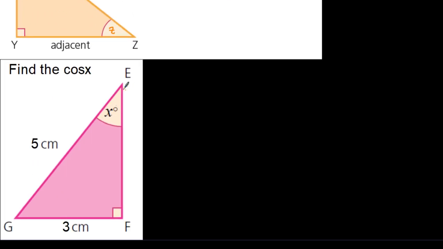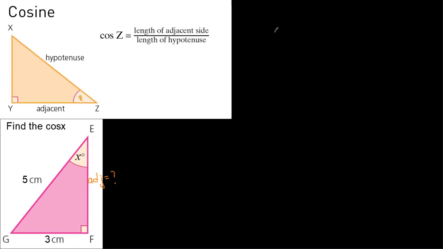Here, when I check the question for finding cosine x, I see that EF is the adjacent side, but we don't know what it is. So we have to find the adjacent side by using the Pythagorean theorem.